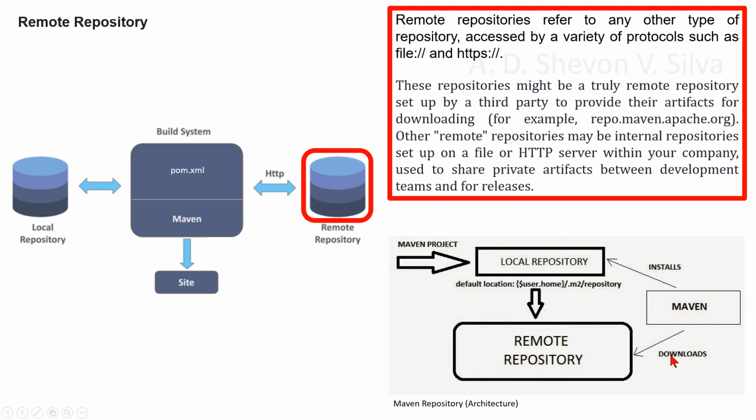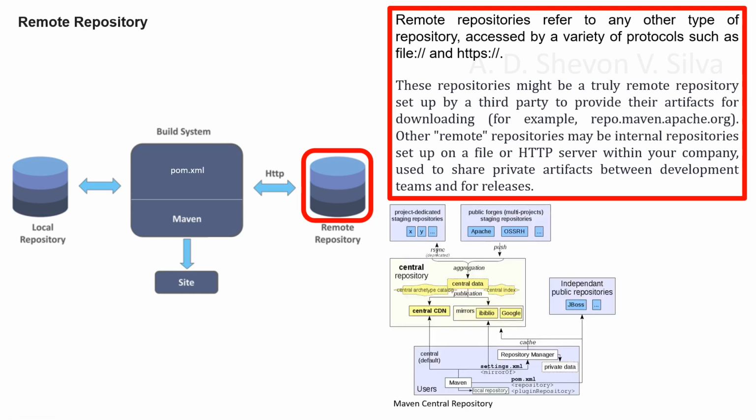Download is passed from Maven to the remote repository, and install is passed from Maven to the local repository. Here you can see the Maven central repository. This is for those who use and contribute to Maven central repository.